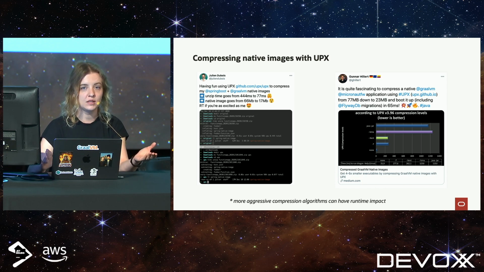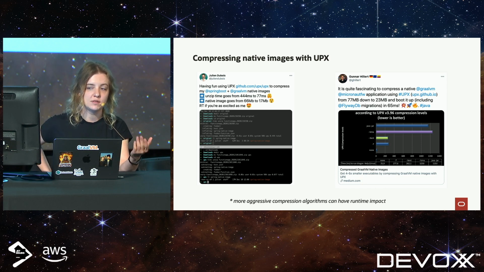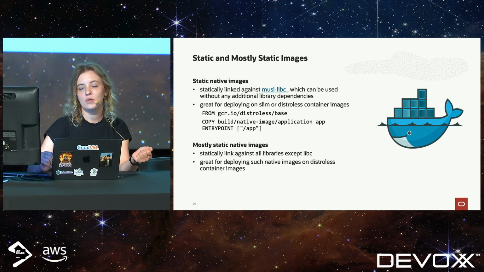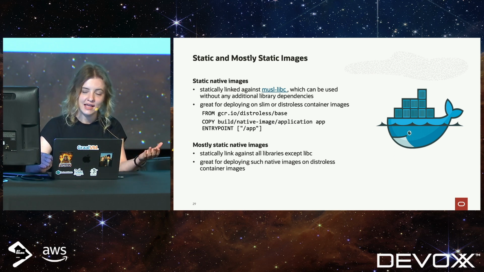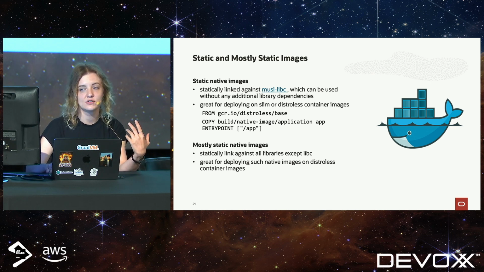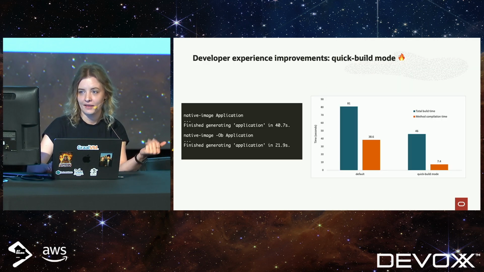So use this carefully, but this can really help if you want to optimize your packaging size of your binary. And one more thing you can do, you can also build static and mostly static native image applications, and those could be used, for example, in distro-less containers. And tomorrow we have a whole hands-on lab to talk about this topic, among other things.